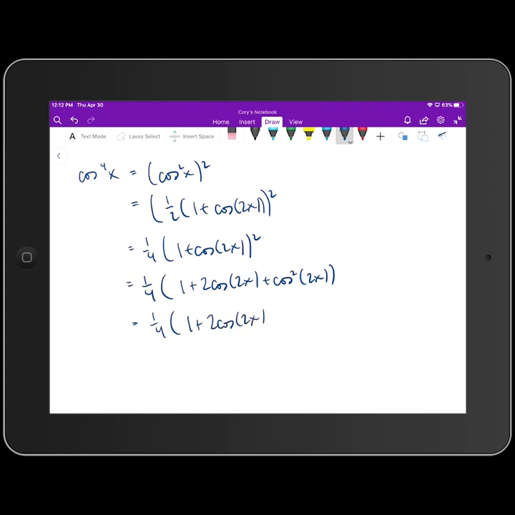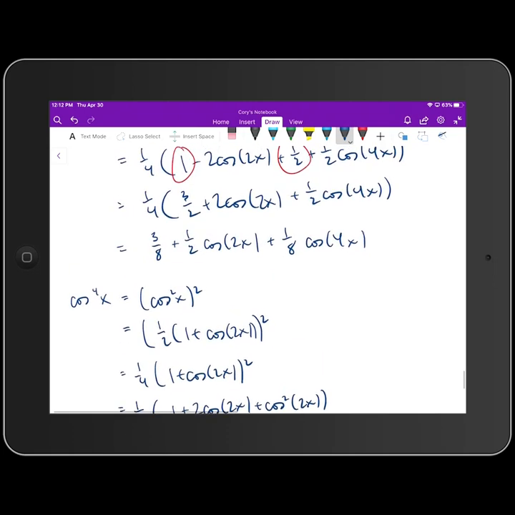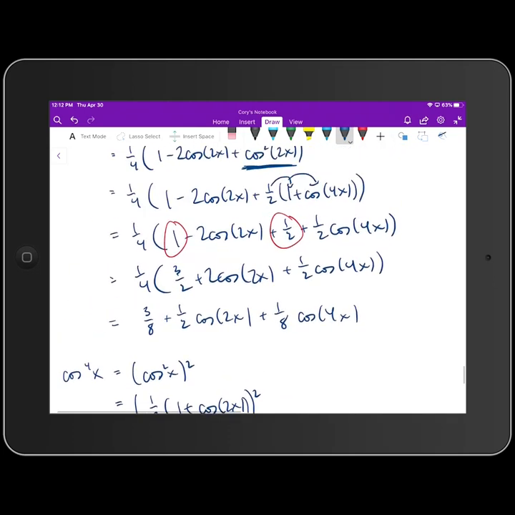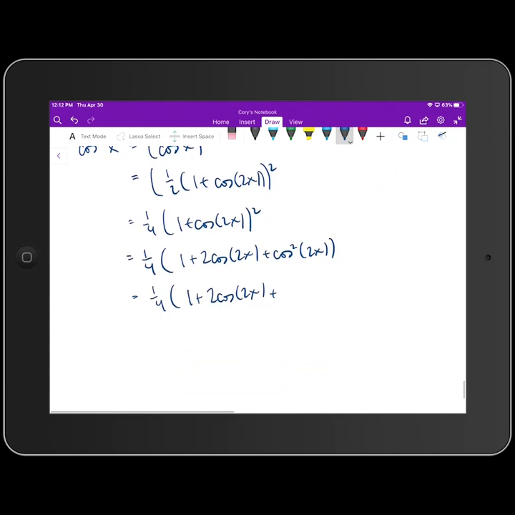So we have 1/4 times 1 plus 2 times the cosine of 2x, and the cosine squared of 2x, just like we did in the previous part, is going to be 1/2 times 1 plus the cosine of, and then we double the argument, 4x. Again, we're going to distribute 1/2 across both of these terms.